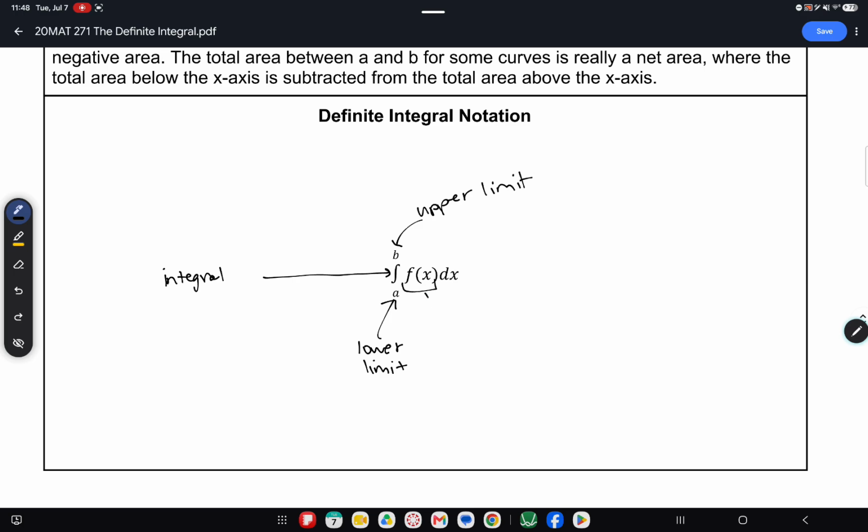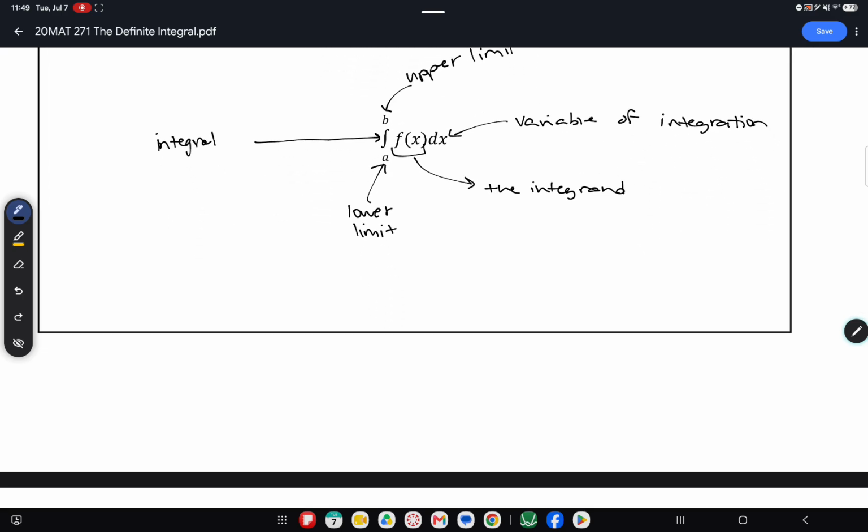The f of x part is the integrand. And then the dx is the variable of integration, right? For the most part, for us, it's going to be either x or t. And we're only doing one variable in Calc 1, right?